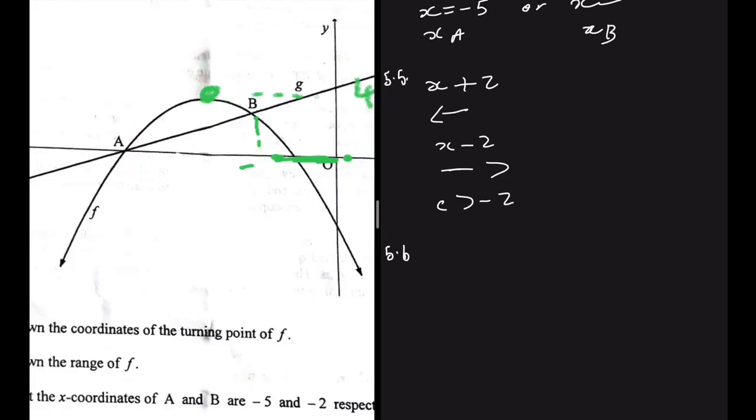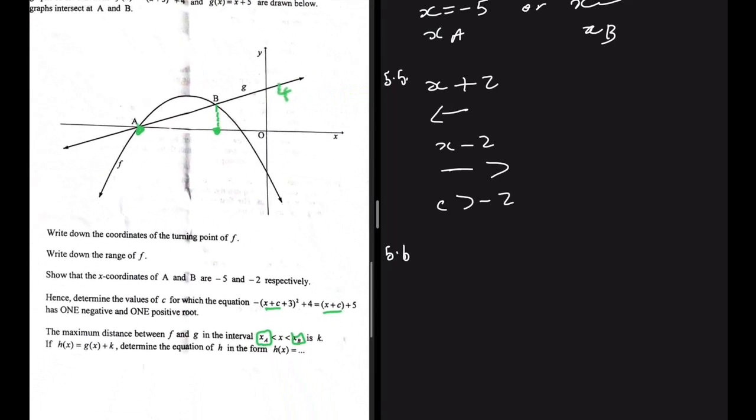Right, so this is the interval we are interested in. The question is saying the maximum distance between f and g in that interval is k. If h of x is equal to g of x plus k, determine the equation of h in the form h equals.